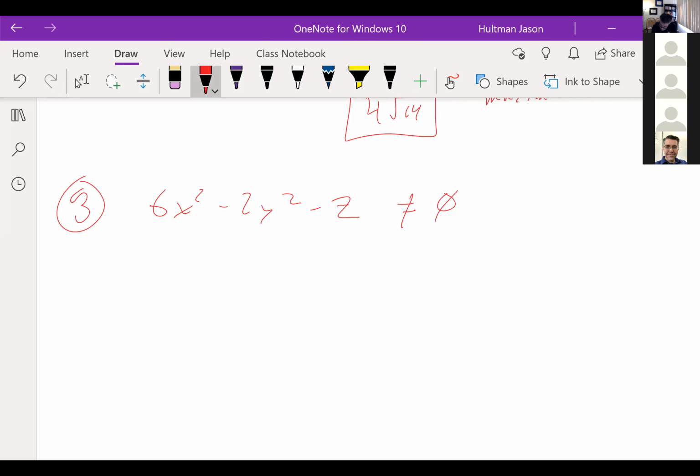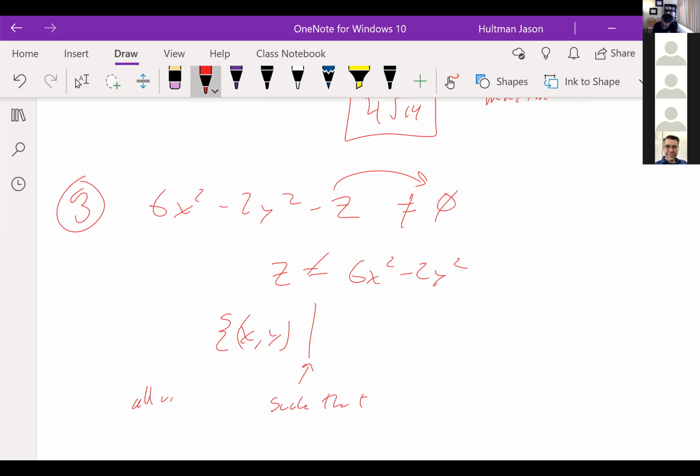Okay, so I'm just going to toss everything to the other side. Let's just toss z to the other side. So this is 6x squared minus 2y squared. It cannot equal that. So we want all values of x and y such that, that's what this line means, such that.